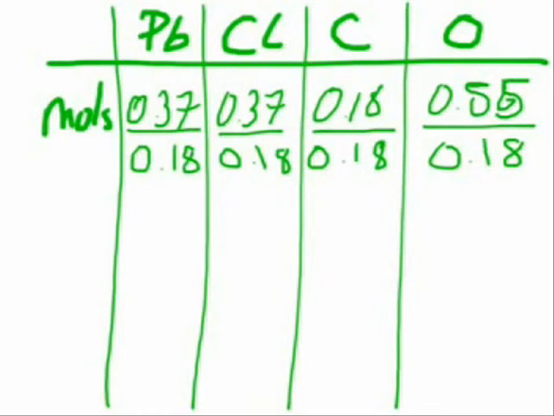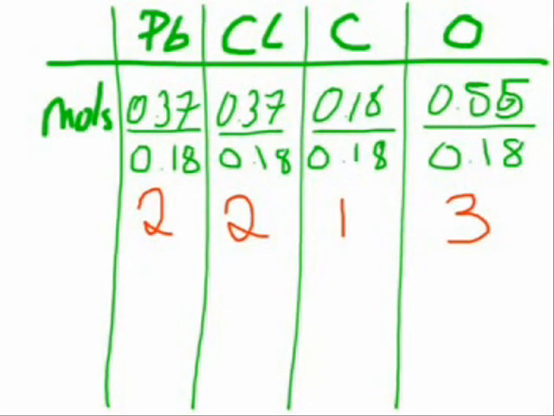Now what you'll find in the exam is that when you do these sums, they perhaps don't come out as exact whole numbers, but you should see a pattern emerging. So 0.37 divided by 0.18 is effectively going to come out as 2, as will the lead and chlorine. Carbon will come out as 1, because a number divided by itself is 1, and 0.55 divided by 0.18 is effectively equal to 3.